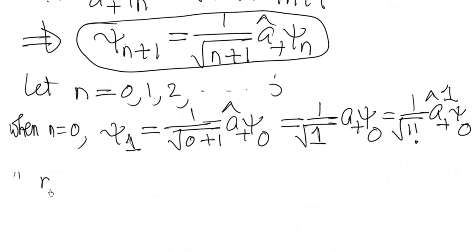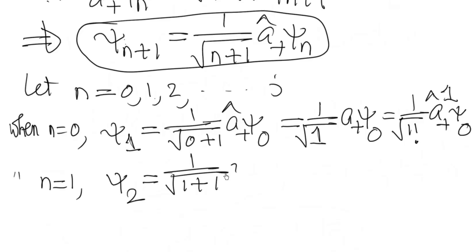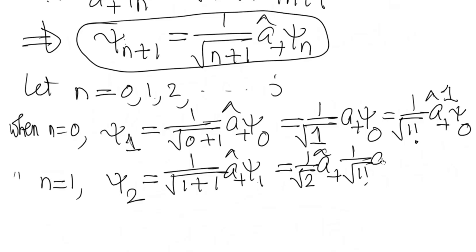Okay, when n is equal to 1, then we will have here psi 2. Now substitute this psi 1 from here, then we can write down this like this.